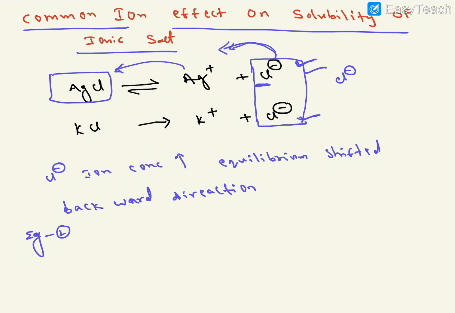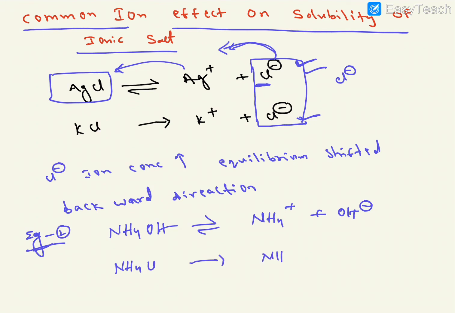One more example. This is example 2, and the earlier was example 1. Now we are taking a common cation, right? For example, ammonium hydroxide is weakly dissociated to form ammonium ion and OH minus. We can take a strong electrolyte here, ammonium chloride. It is completely ionized, forming ammonium ion and Cl minus ion.